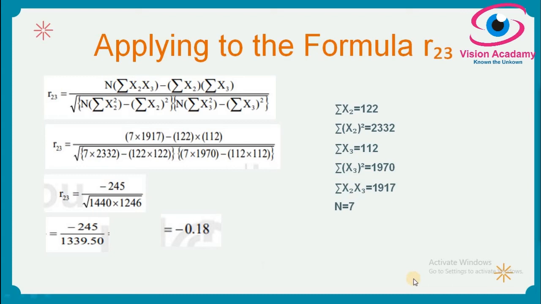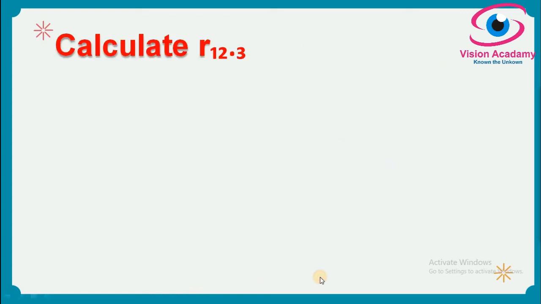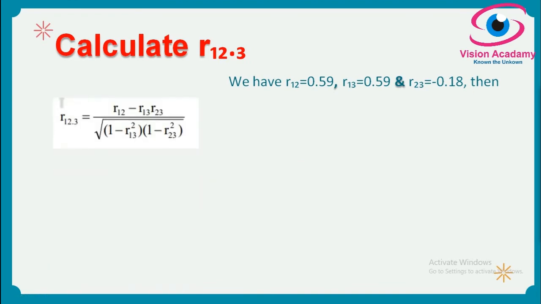So we shall move further to calculate R1 2.3, R2 3.1 and R1 3.2. Firstly, let us calculate R1 2.3, and this is the formula of R1 2.3. To apply this formula, we need R12, R13 and R23.